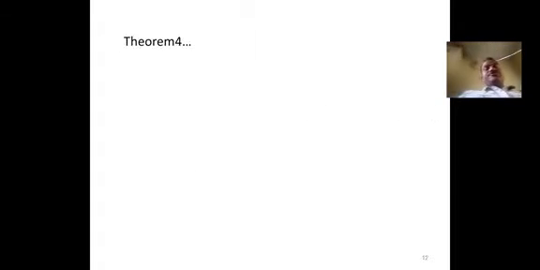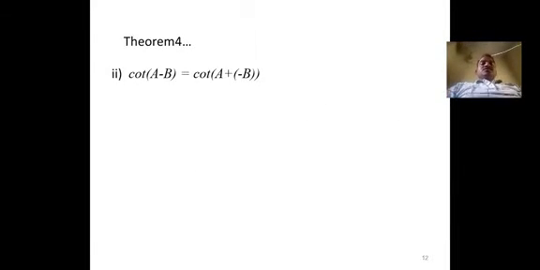Now we have to find the cot of A minus B, by replacing B by minus B in the previous formula.